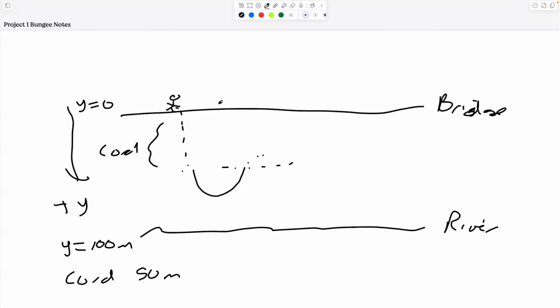Okay, then here this would be t equals 0 up here. And then down here, let's call this y0, y2, and right here, y1 will be 50 meters. This is when you've reached the end of the cord and the cord starts to stretch.